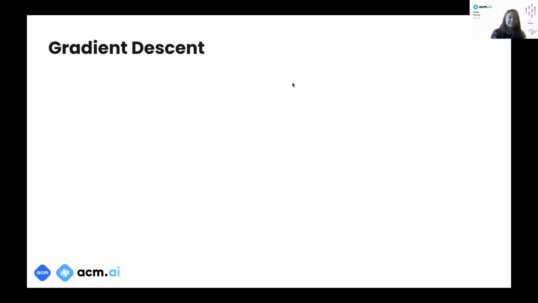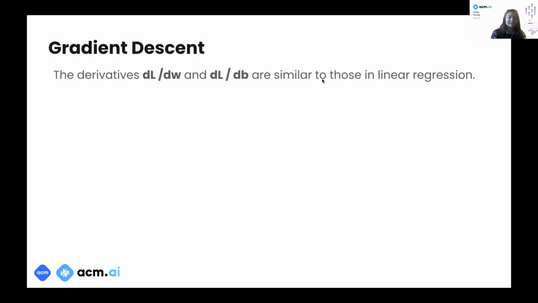Now, another familiar topic to you might be gradient descent. There's not too much different between the gradient descent that we saw in linear regression and in logistic regression, even though we have the sigmoid function instead of a linear line.